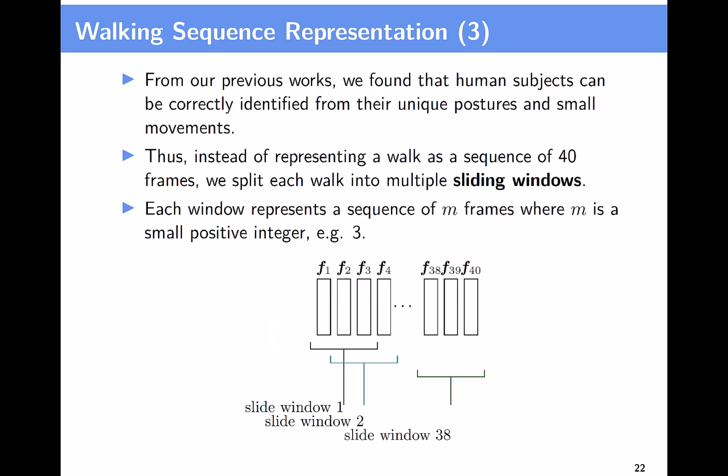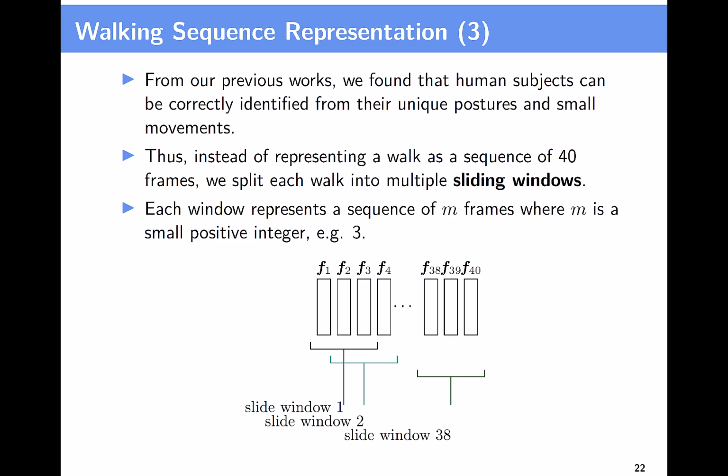Moreover, from other previous works of our group, we found that human subjects can be correctly identified from their unique posture and small movement. Therefore, instead of using only one frame for the classification or using the entire 40 frames for classification, we split each walk into multiple sliding windows.